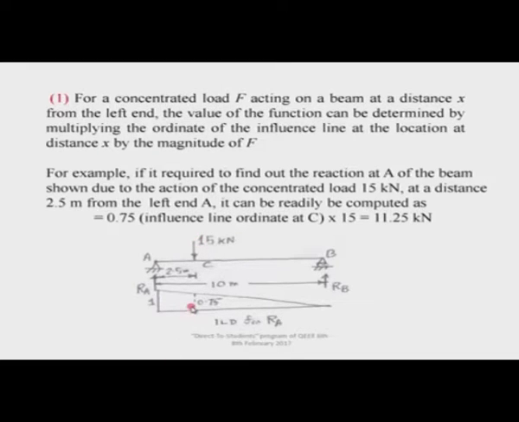So I have to just track the influence line ordinate there, at that location, the abscissa I am defining with the position of that section, and I can easily find the effect of that loading as 11.25 kilonewton. It appears that it should reduce from 15 to this. That means, if the load is here, the reaction can readily be determined from the influence line diagram.